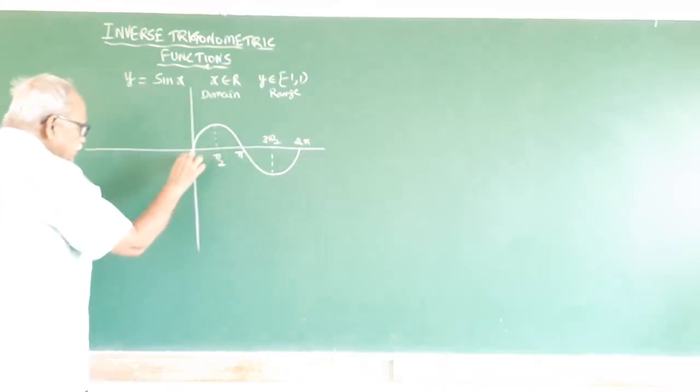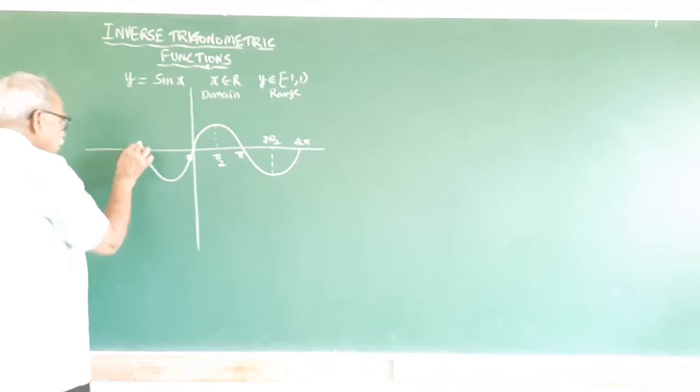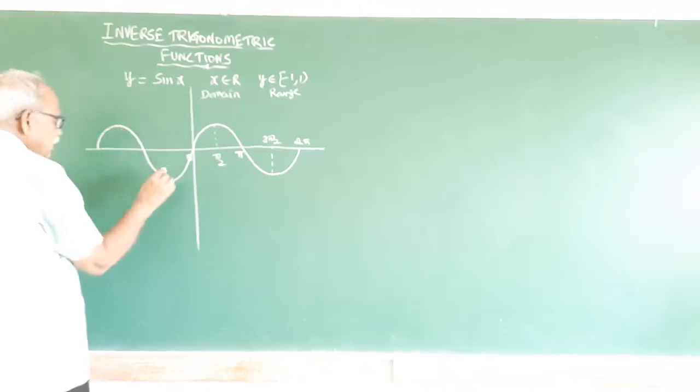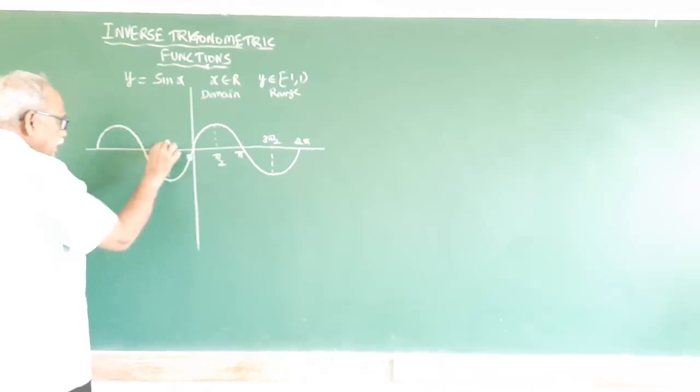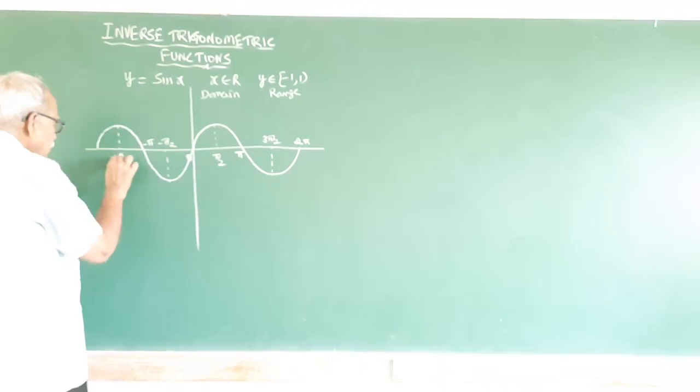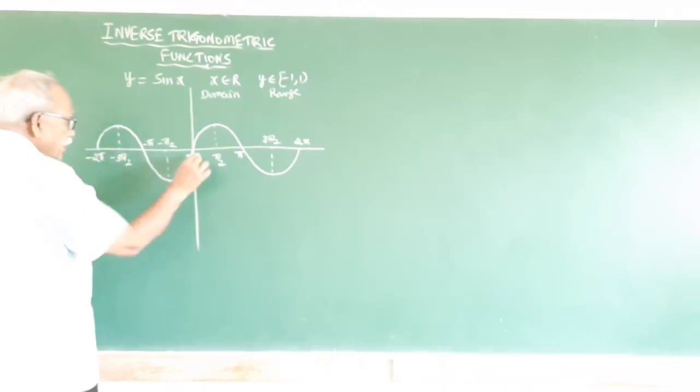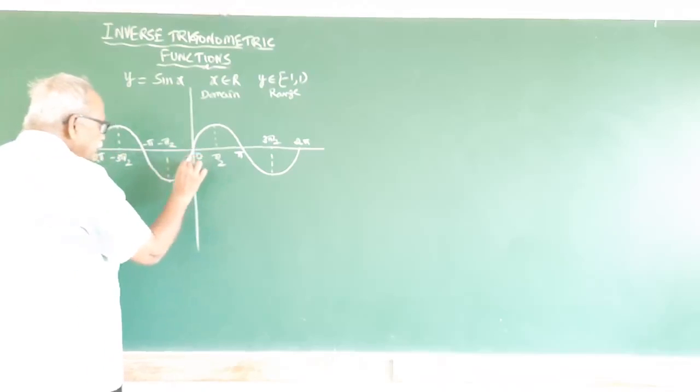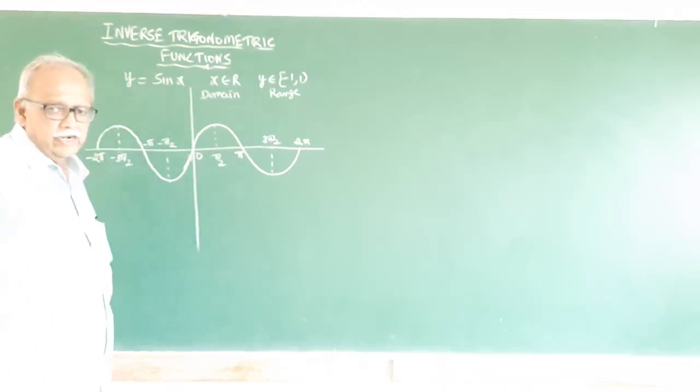And the negative side also I am going to draw: minus pi by 2, minus pi, minus 3 pi by 2, minus 2 pi. So, this is a sine graph.